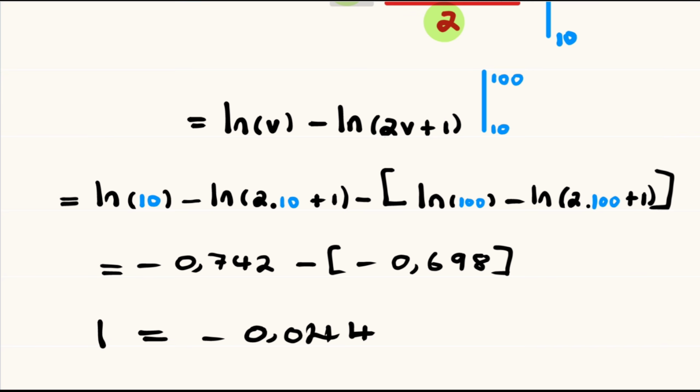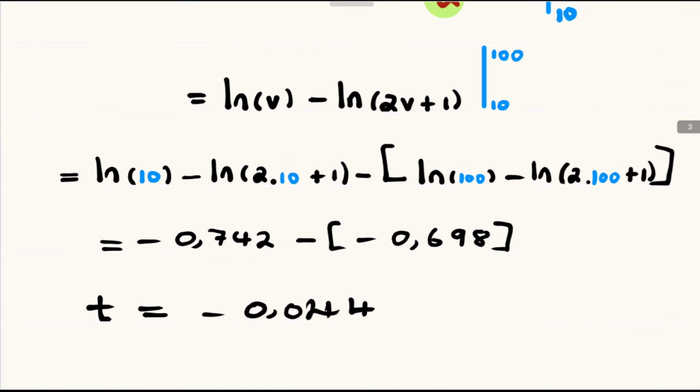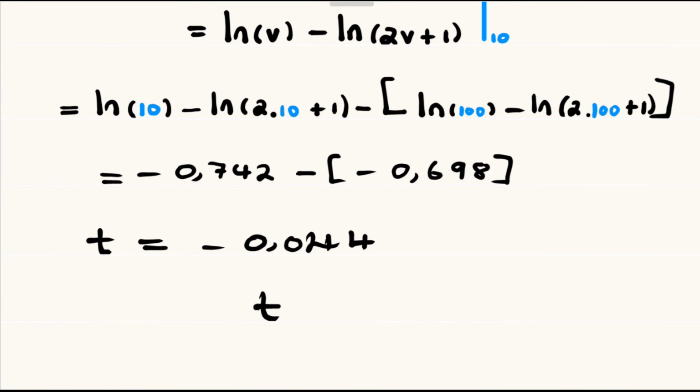And remember that this was our time, so our time cannot be negative. So let's remove the negative, so t will be equal 0.044. I'm just going to assume seconds, and this will be our answer.